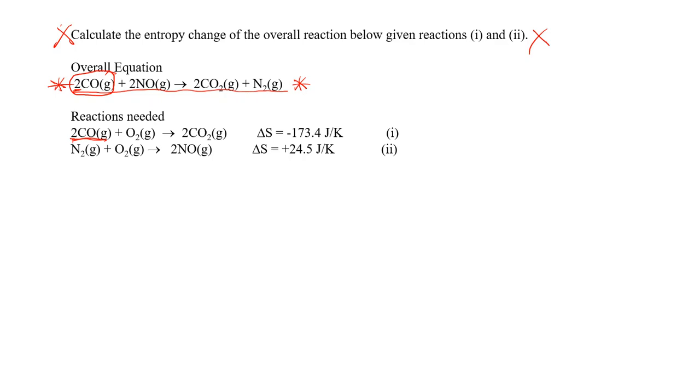We have 2 carbon monoxide in our overall equation. We have 2 carbon monoxide in our equation 1. So we are not going to change the number of carbon monoxide in equation 1. Carbon monoxide is a reactant in the overall chemical equation and a reactant in equation 1. So we are not going to reverse equation 1.